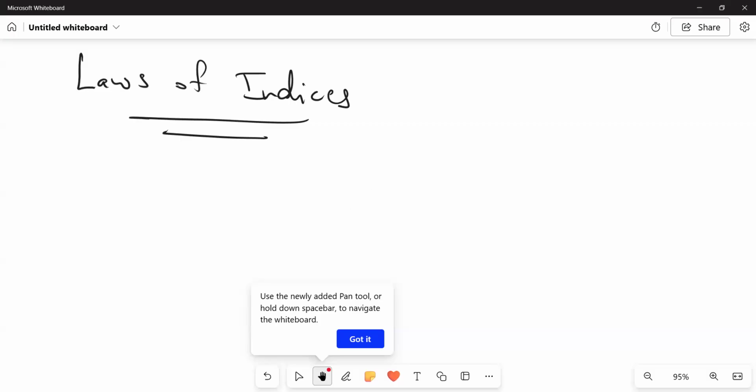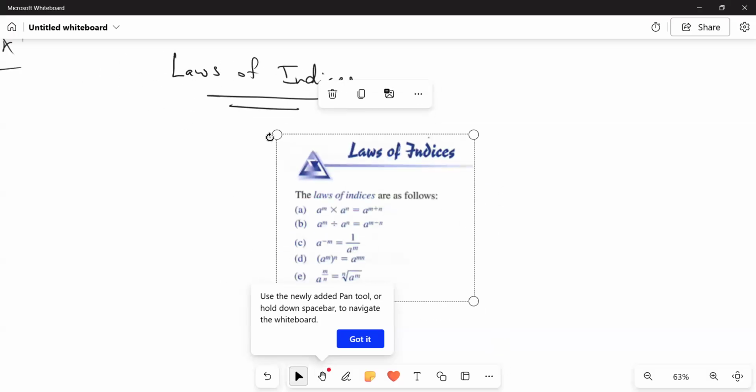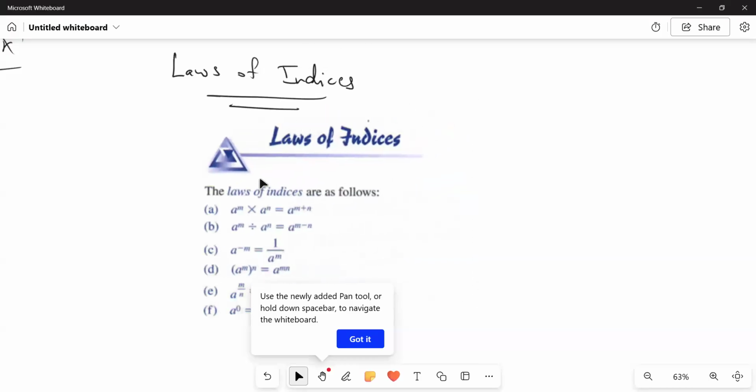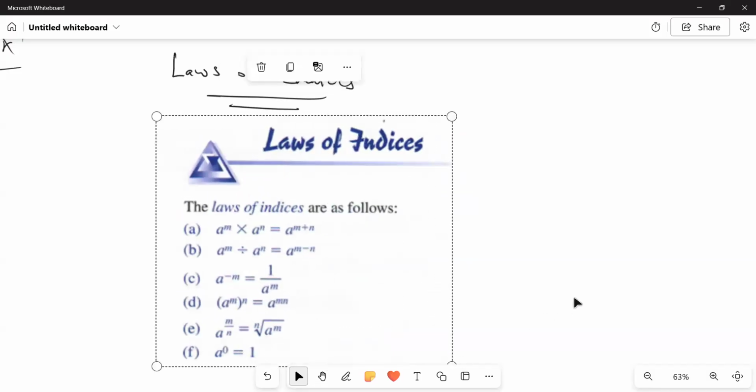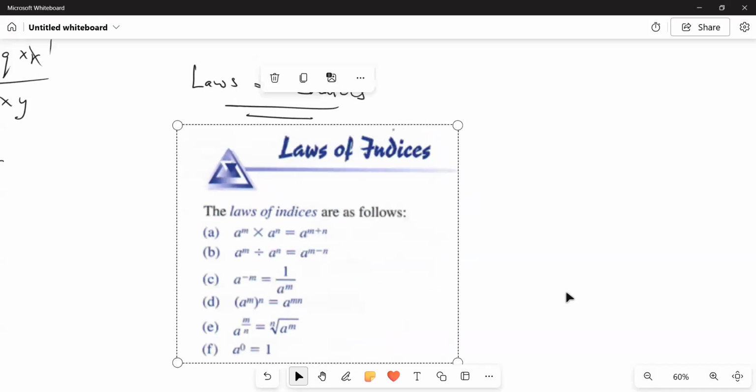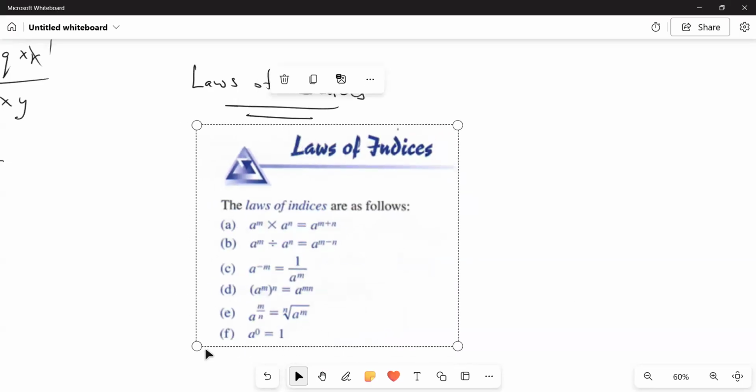I'm going to chop some of the laws of indices and bring it over here. I think it's a little fuzzy. Can you see it clearly?